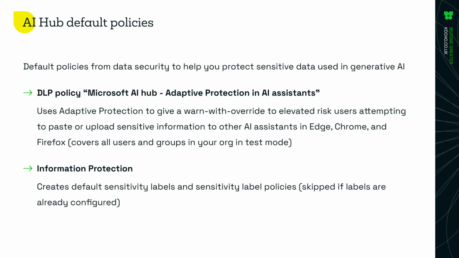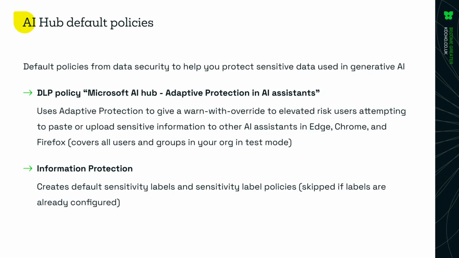So it does go in as test mode. It doesn't start pushing things straight away. Again, you can go and look at that, customize it if we need to, or even enable it fully later on if you think it's doing the right thing.